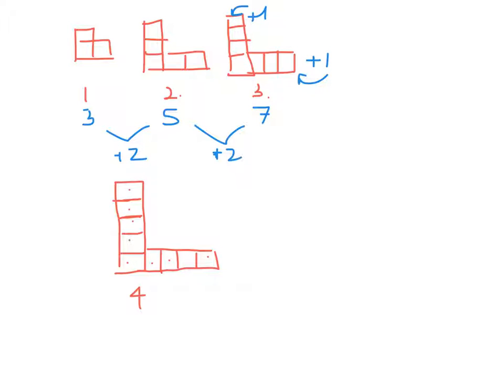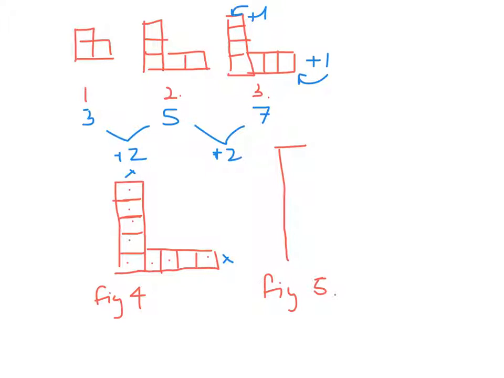Figure 5 would be 9 plus 2, which is 11. And I'm just adding a tile to here and to here.